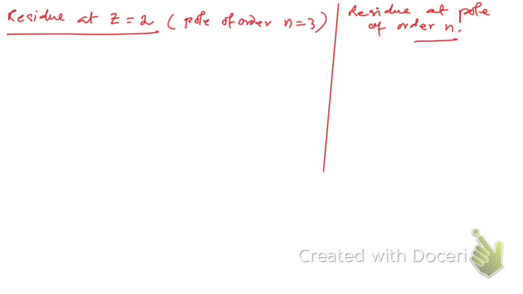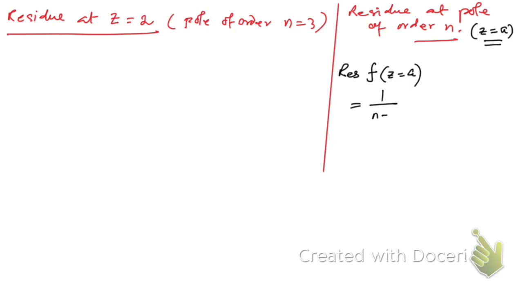Suppose z is equal to a is a pole of order n.